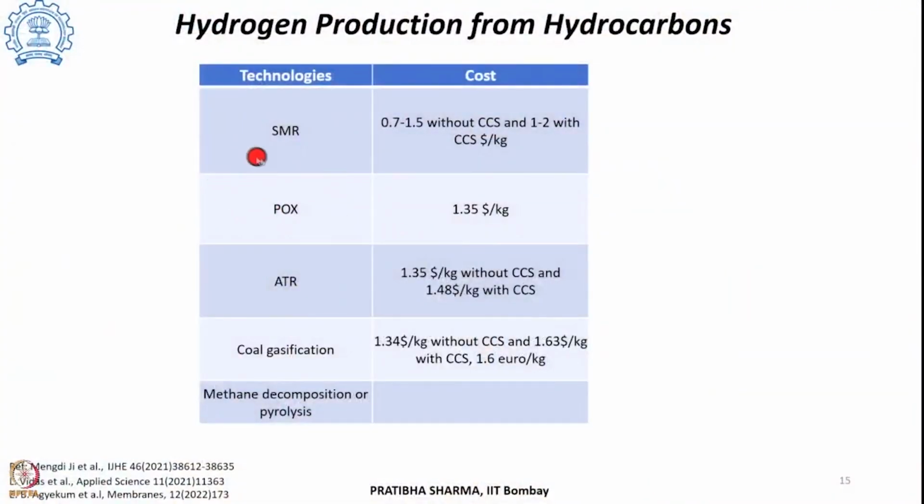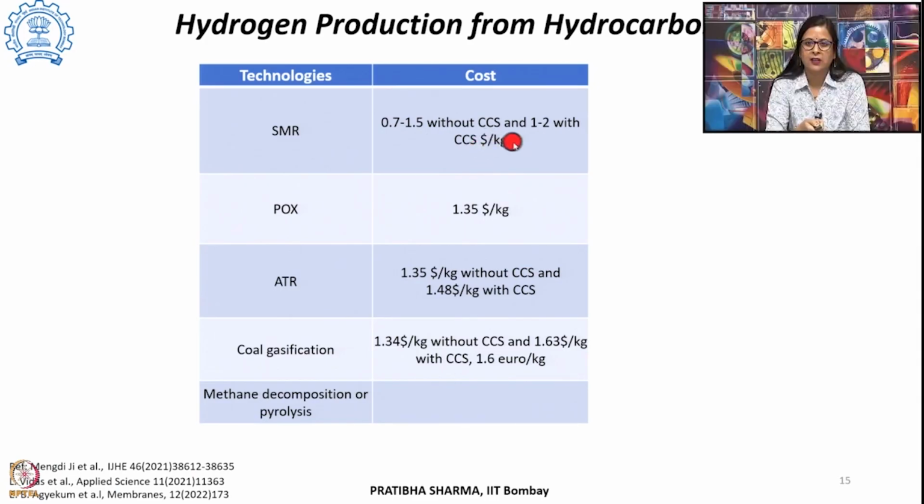Now if we quickly look at the cost of hydrogen production from the different routes which we have seen in this course: the cost of hydrogen production from SMR, we have already seen, is 0.7 to 1.5 dollars per kg without CCS. With CCS, it is 1 to 2 dollars per kg. Partial oxidation is 1.35 dollars per kg.